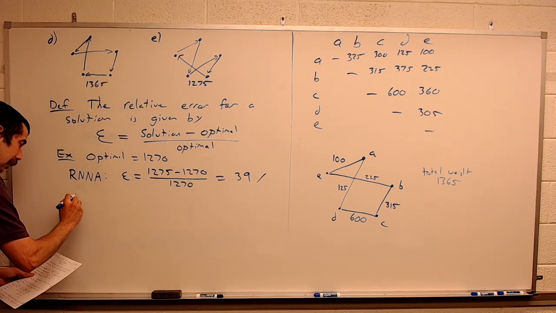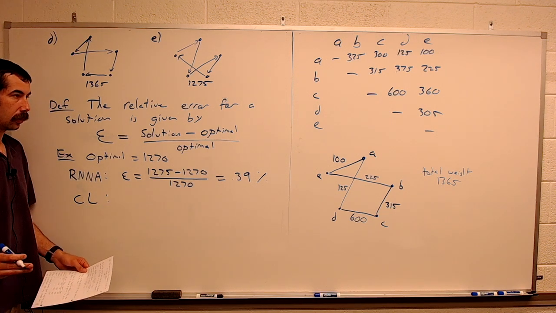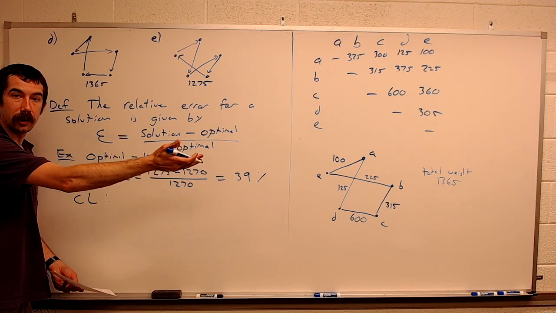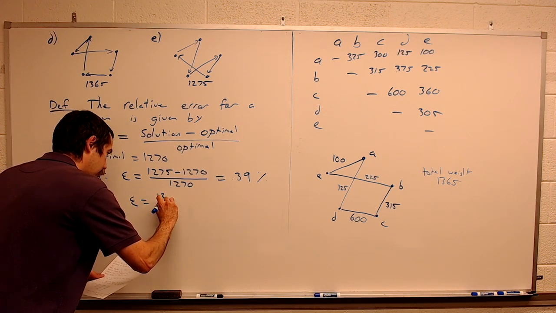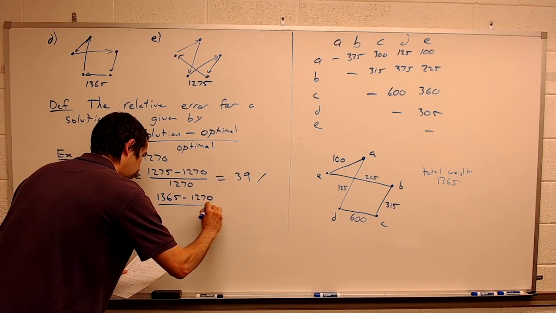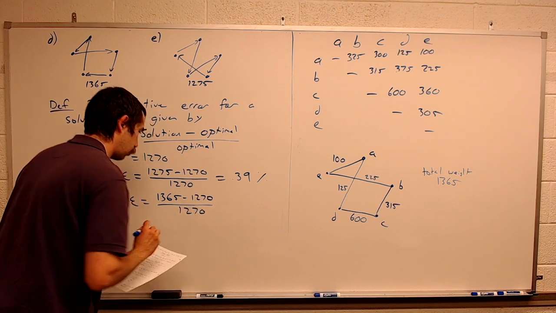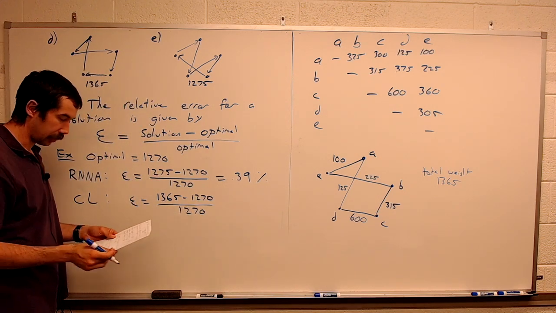With cheapest link, we got a solution of 1365. So it's 1365 minus 1270 all over 1270.